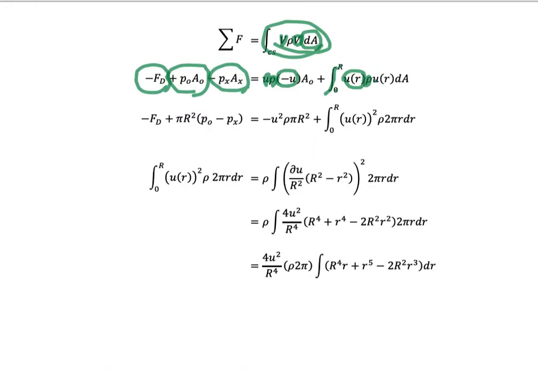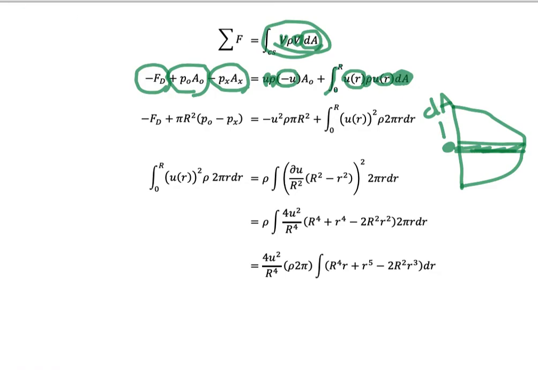We have another ur here, and then we put a dA here. Why do we put a dA here? Because we have a velocity profile there, and the ur here is only for one small area. So this is the dA.